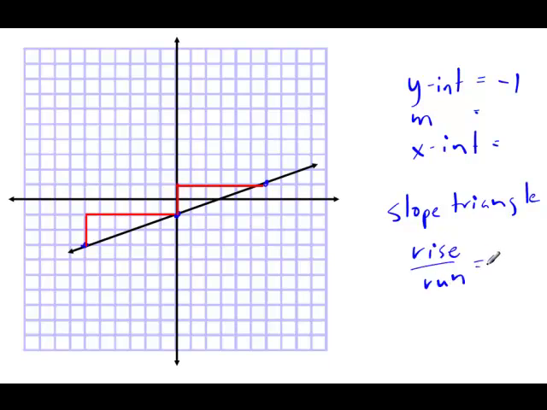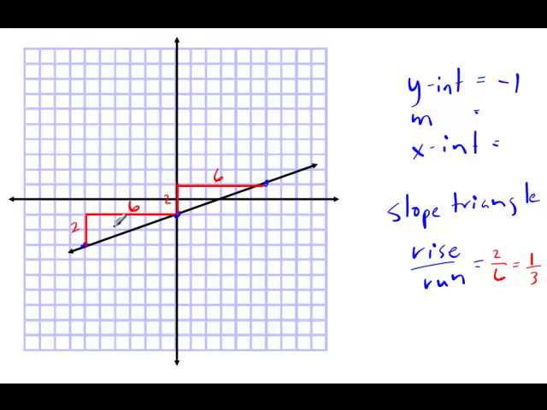So in this case, our rise was 2. And our run was 1, 2, 3, 4, 5, 6 in the positive direction. So that's 2 over 6, and then of course we have to simplify, or 1 over 3. And this would have done the same thing, up 2 and over 6, so make sure they match.